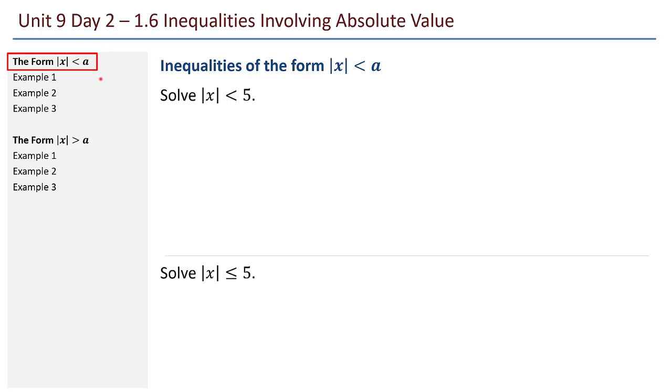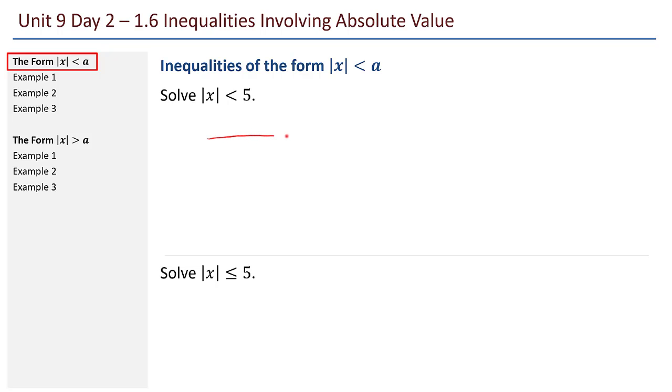For example, inequalities of the form absolute value of x is less than a. So consider the inequality absolute value of x is less than 5. Think about what this really means for a second. If x is positive, then it has to be a pretty small positive, somewhere between 0 and 5. And if it's negative, it's also a small negative. It can't be too low.